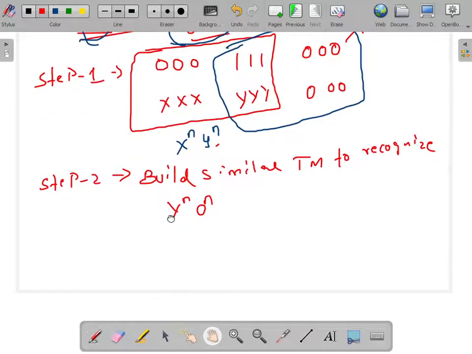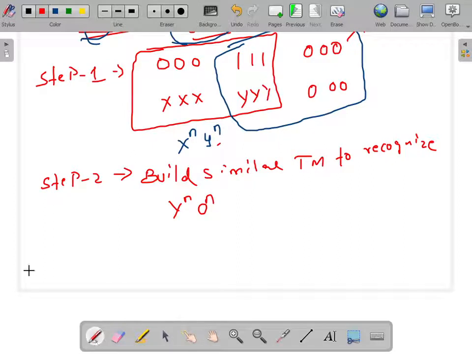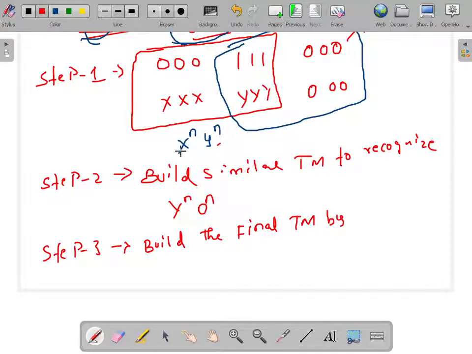So for this, the last step is step 3. Step 3 is build the final Turing machine by combining. Now we have the two things, x power n, y power n, 0 power n.